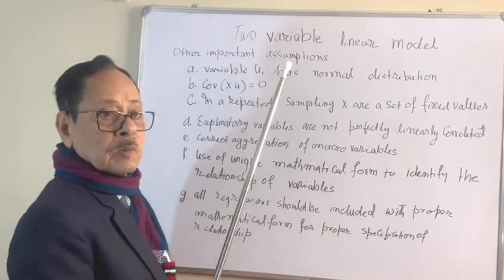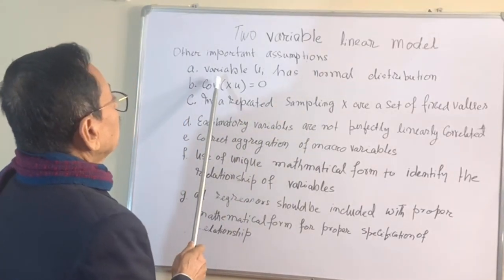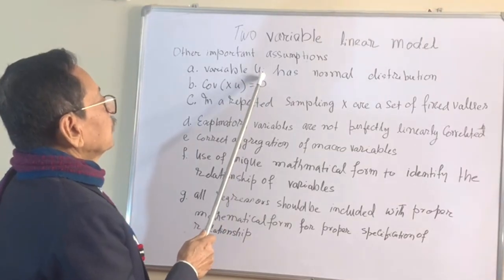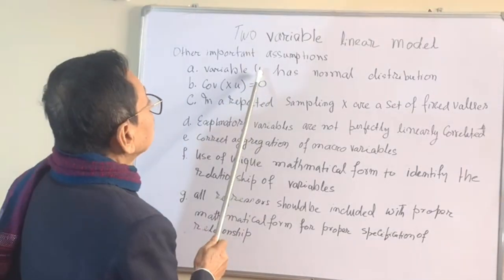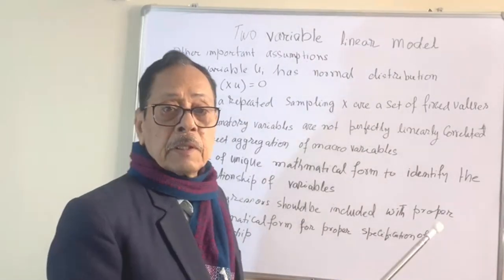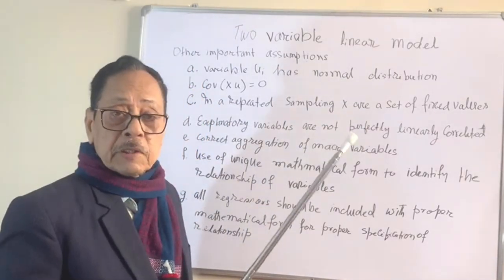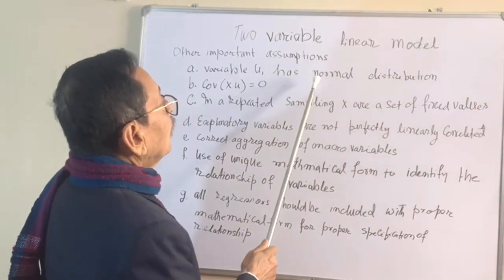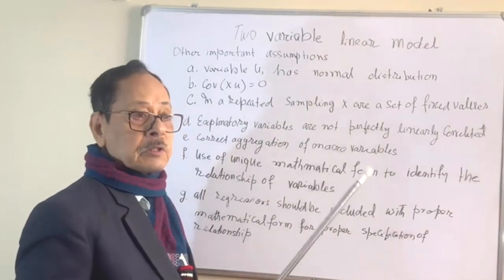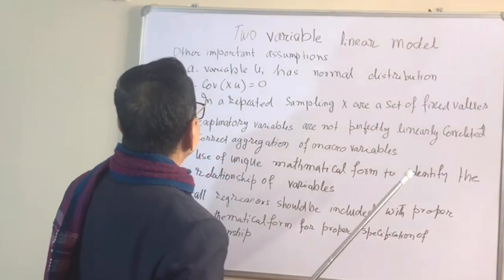Other important assumptions: A, the variable ui, that means the error when i ranges from 1 to n, has normal distribution. This is very important. So the distribution of ui is normal. We will discuss in detail when we come across normal distribution, what is normal distribution and what is the formula, and so on.